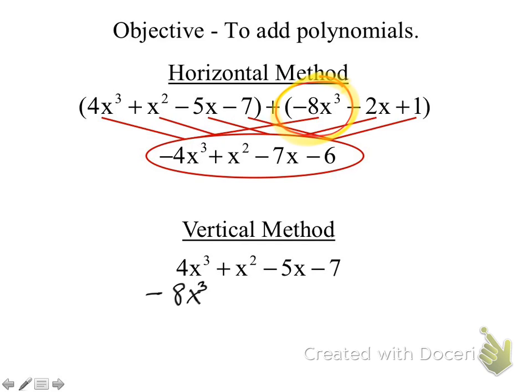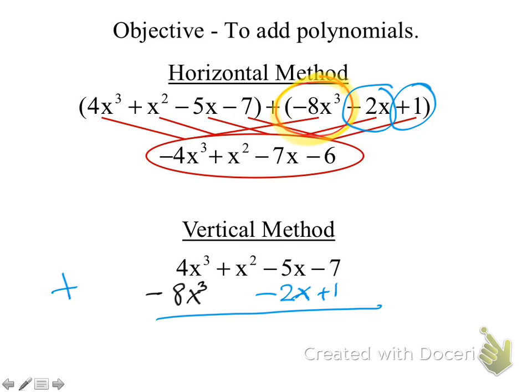And then we're going to line up, I'm going to do it in blue, x squared, there's nothing that lines up. Negative 2x, and positive 1. So this is just a visual way that might be a little bit better for you. We're really adding the whole two together.